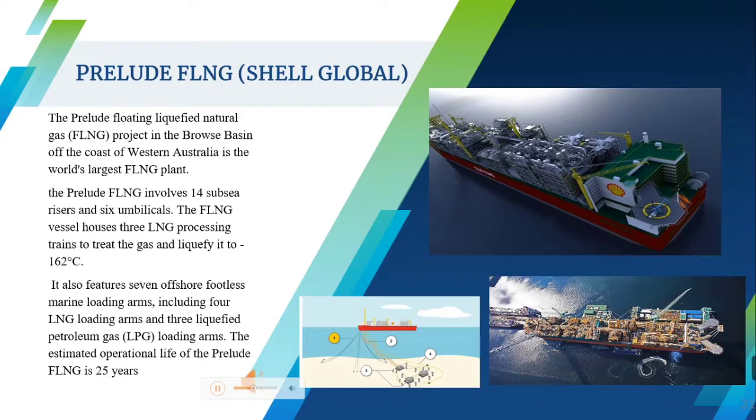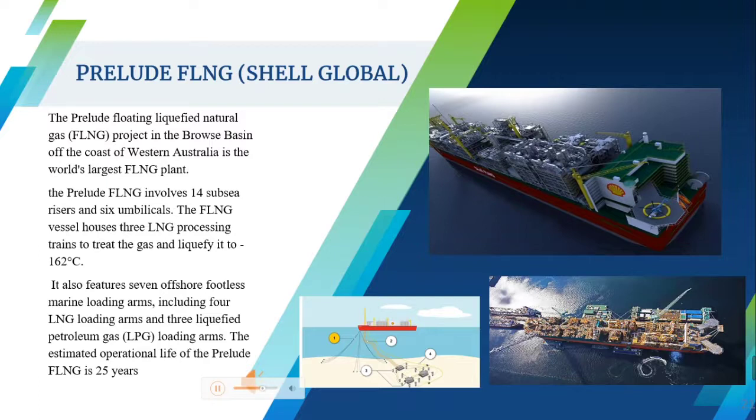The Prelude Floating Liquefied Natural Gas project is located in the Ross Basin off the coast of Western Australia. It is one of the largest FLNG plants in the world. The Prelude FLNG involved 14 subsea risers and 6 umbilicals.